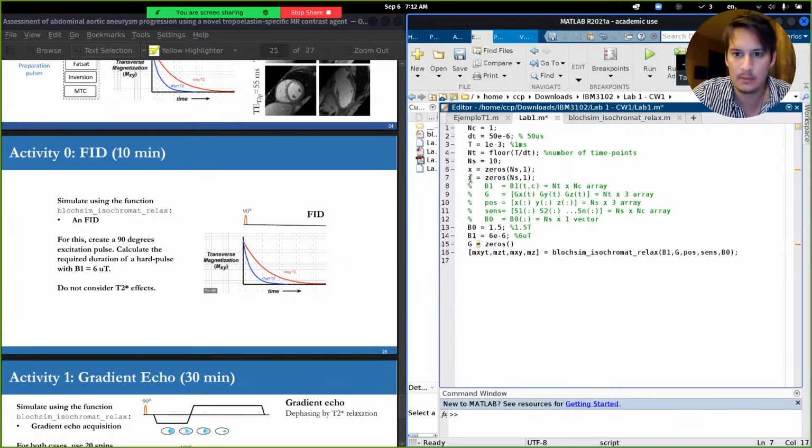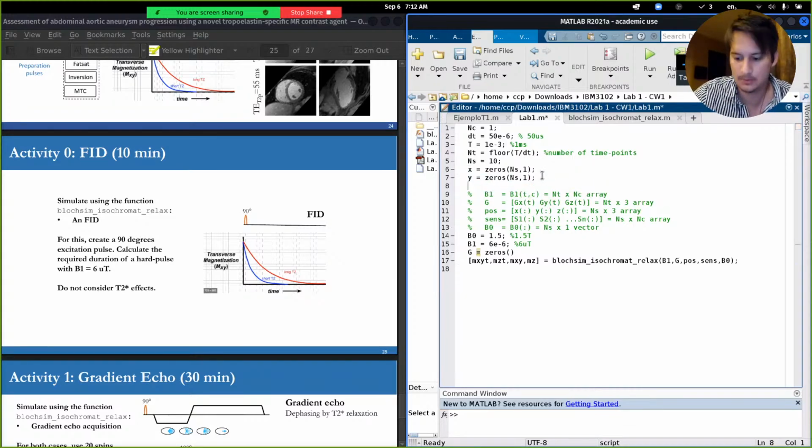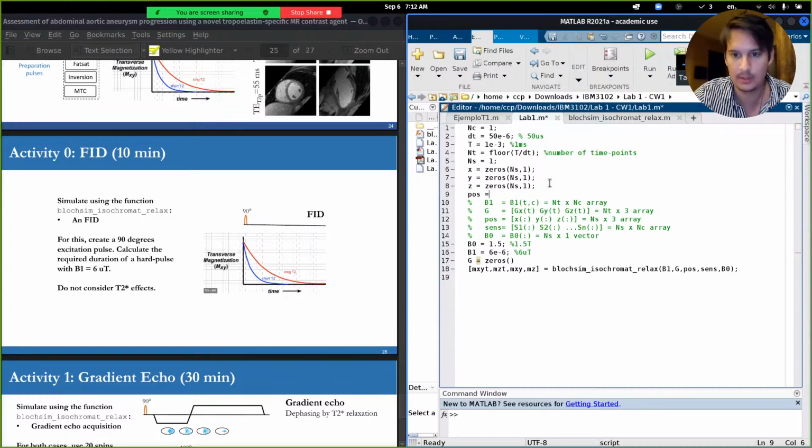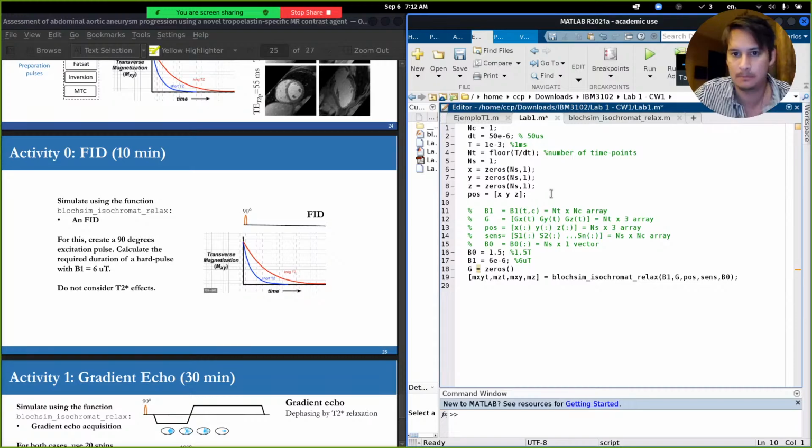The same for y, and let's do the same for z. Actually, let's just do 1 spin. Then the positions are x, y, z. Okay, so we have that part, and the coil sensitivities will be just 1, times the number of spins.